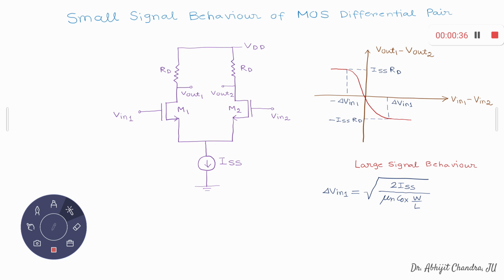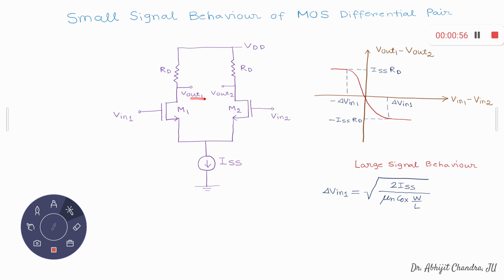So you understand that whenever it is plus ISS RT and minus ISS RT, one of the MOS transistors will carry this entire current, and the other MOS will be cut off. Suppose V1 minus V2 is very large. In that case M1 will get this entire current, so the current flowing through it is ISS.